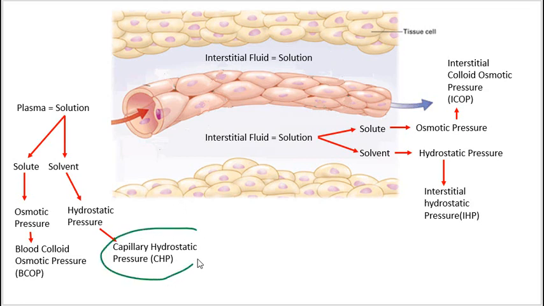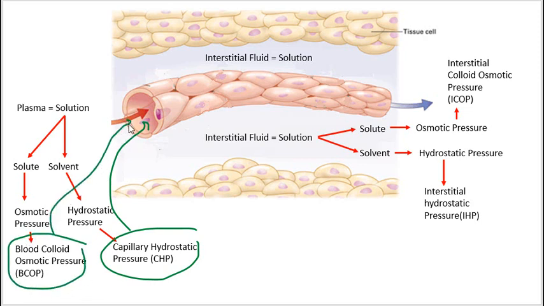Now, how do we look at them? In the capillary, we call it capillary hydrostatic pressure. There's some kind of hydrostatic pressure that fluid exerts. We also have capillary or blood colloid osmotic pressure, so there's some kind of osmotic pressure. So two things you're going to remember: hydrostatic pressure and osmotic pressure inside the capillary.